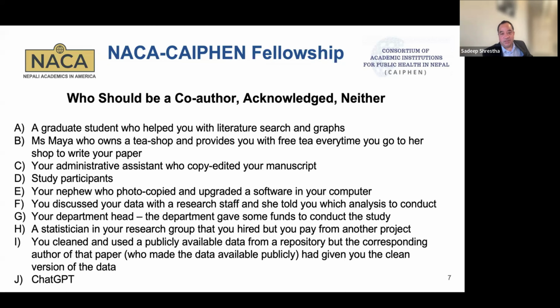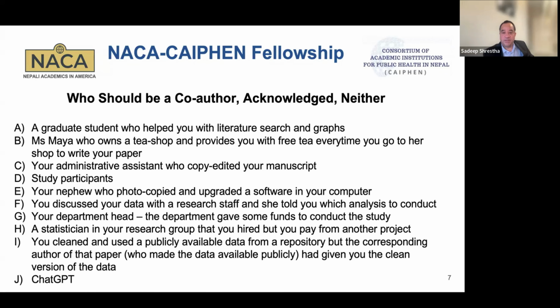A graduate student who helped you with literature search and graphs. Do you think that particular graduate student should be a co-author, should just be acknowledged in the paper, or you don't need to do anything? Any thoughts? Maybe acknowledge.